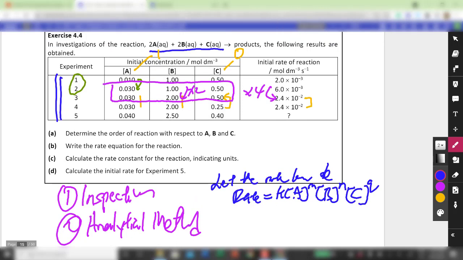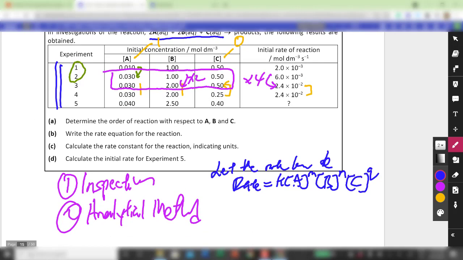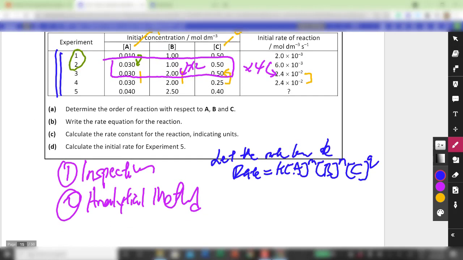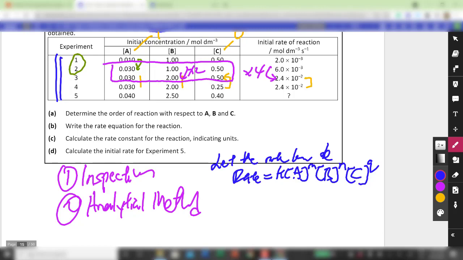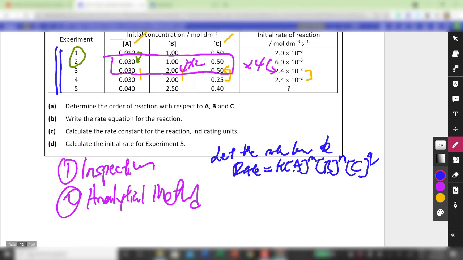Then in this case I will compare experiment 1 and 2. When I compare experiment 1 and 2, I don't need to write anything because I just need to sub in the values over here and then solve the mathematics. So I'm just going to copy in.